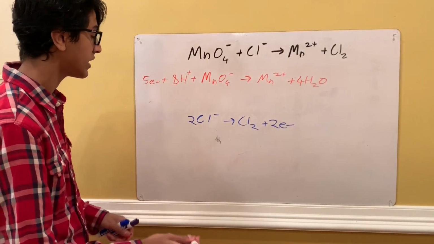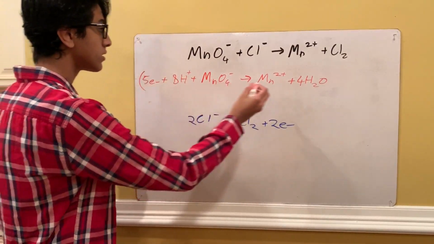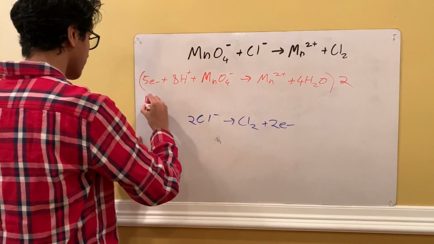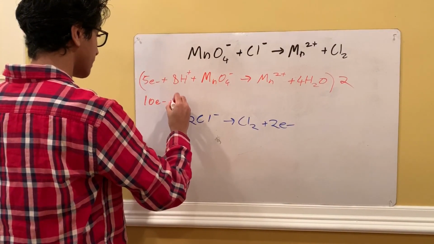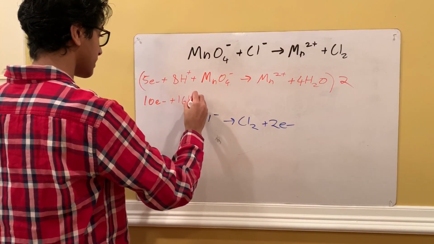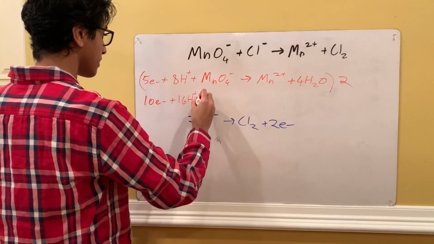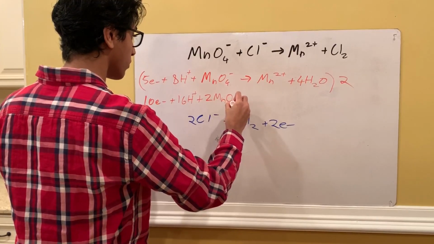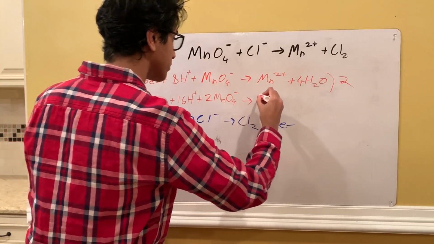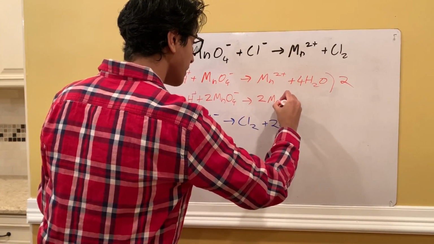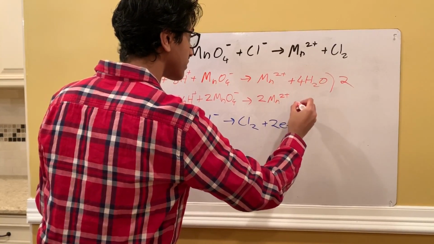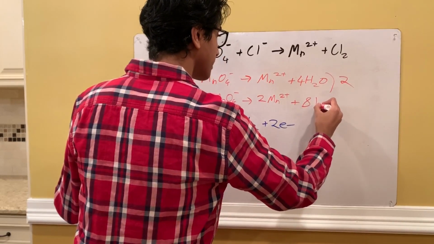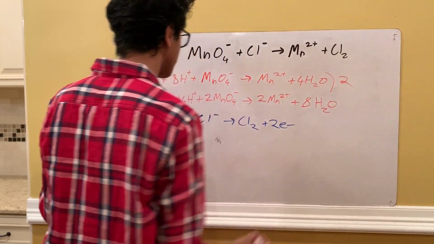So let's multiply this entire equation by 2. So 10 electrons plus 16 hydrogens plus 2 MnO4 minus goes to 2 Mn2 plus 8 H2O.